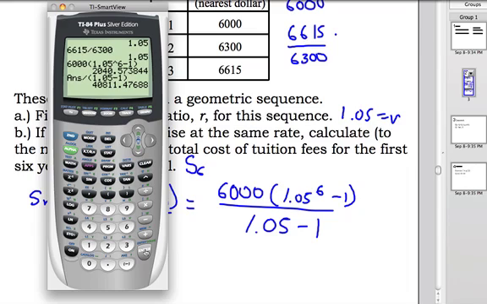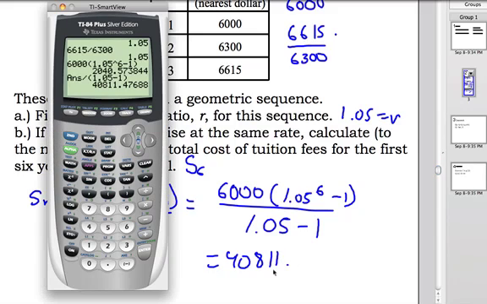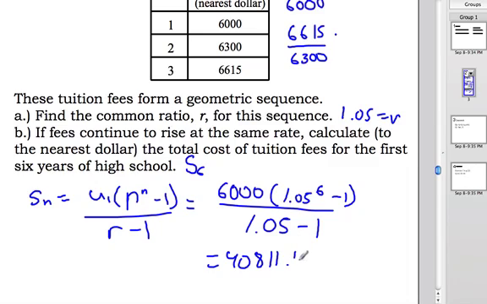And I get about $40,810.48. So that's $40,811.48. Total cost for all 6 years.